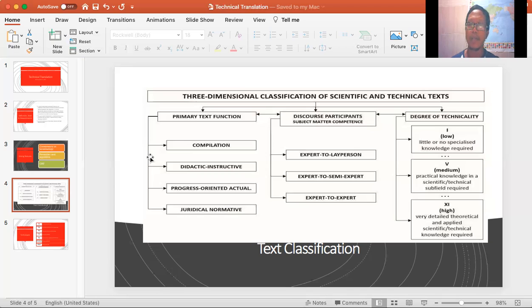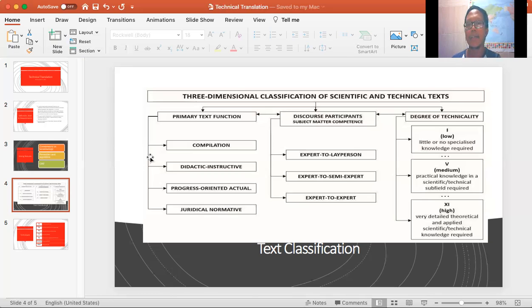That means it is very sensitive. A small mistake in the translation can have very grave consequences. So those are based on the level of complexity of the function of the text.